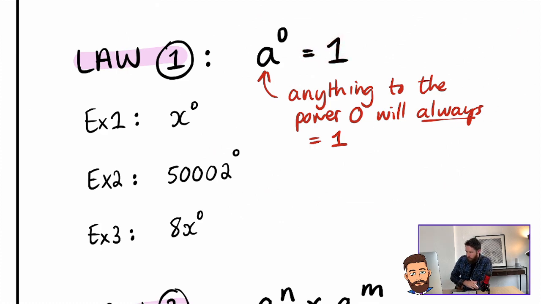And if you don't believe me, you can get your calculator and you can put in loads of numbers and make it to the power 0. So for example, if I clear my calculator, if I put in 200, raise it to the power 0 and press equals, I get 1. Okay, so anything to the power 0 is always 1.